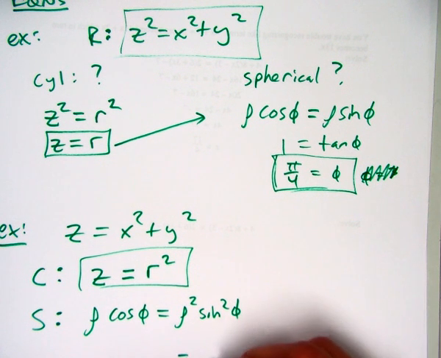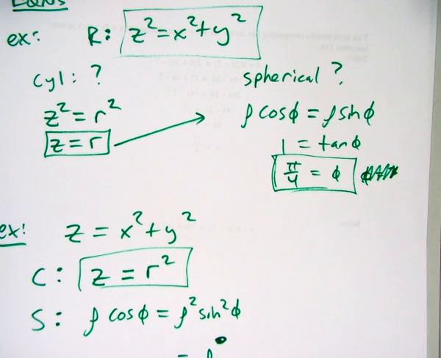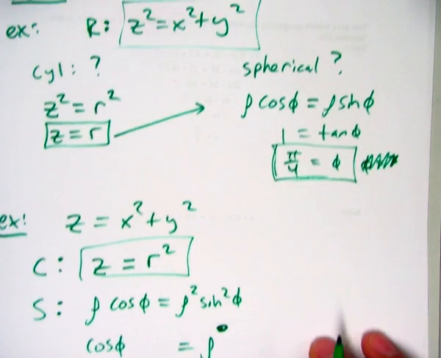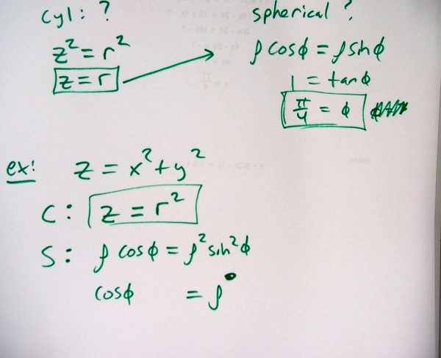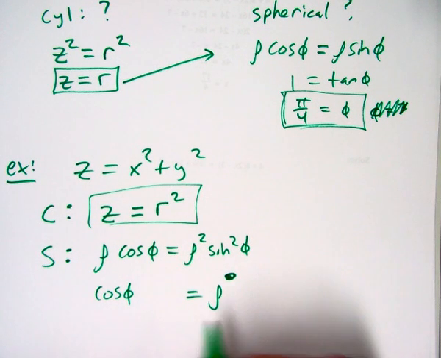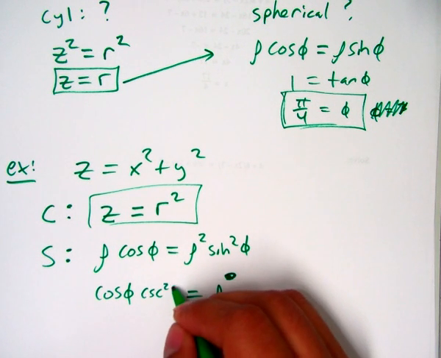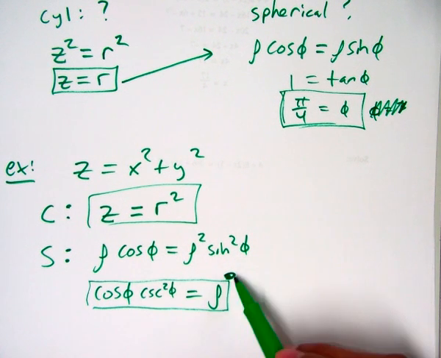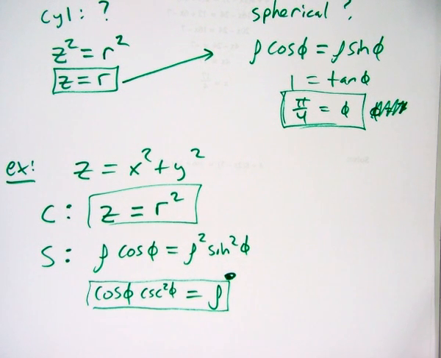So if you get rho on the right, you get cosine phi. Oh, you mean up. Sorry about that. Cosine phi, if we're dividing by sine squared, that's the same as cosecant squared. So this would be fine. Oh, don't be afraid of a little cosecant.